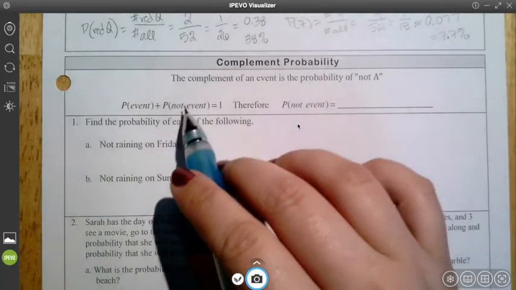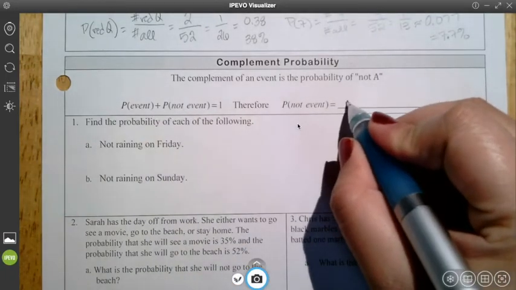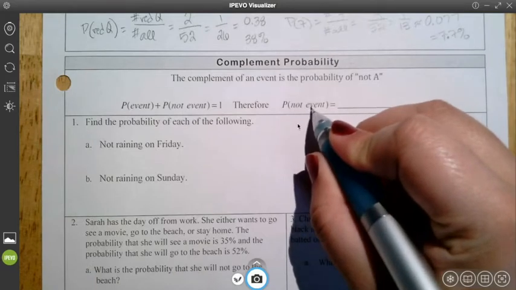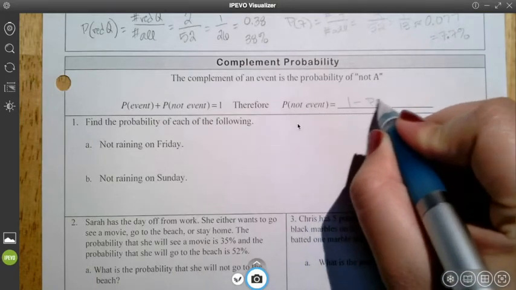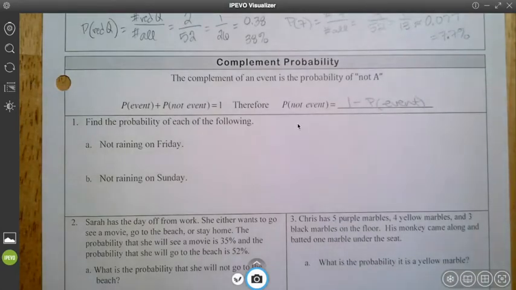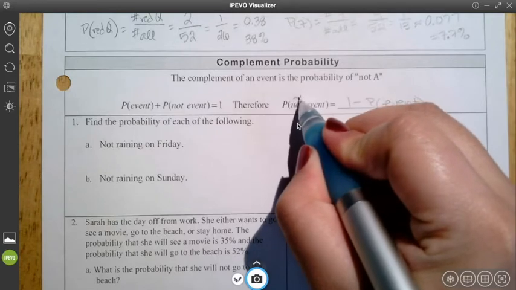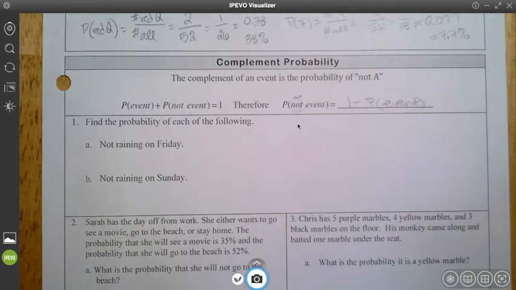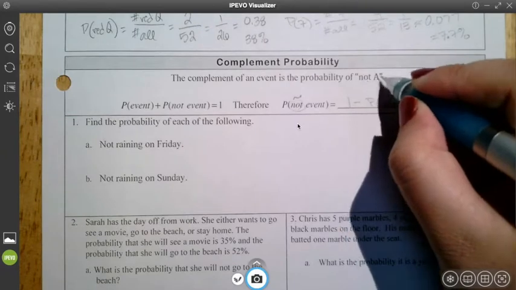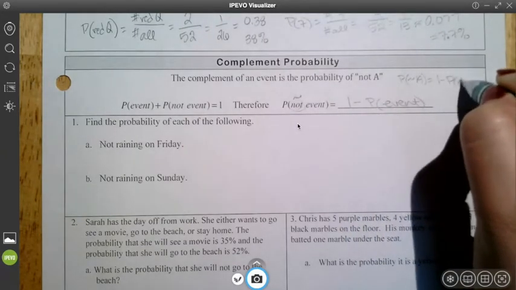So we can then subtract the probability of an event happening to get this equation: the probability that an event won't happen equals 1 minus the probability that the event will happen. Okay? Another way of writing this not is a little tilde. So we can say the probability of not A equals 1 minus the probability of A.